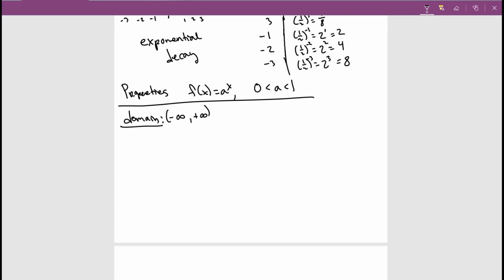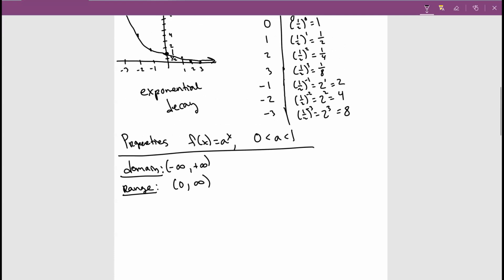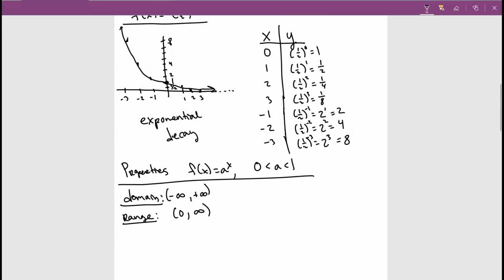Now what about the range? My range in this case is going to be from 0 to infinity. Still the same, because you still have this asymptote. It just turns out that when x gets bigger and bigger, my y value gets smaller. But you still have the same y values from 0 all the way to infinity.